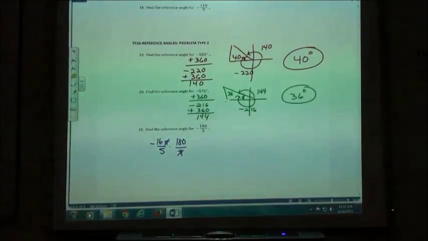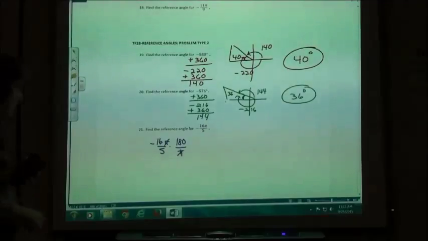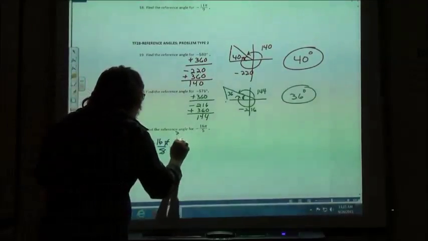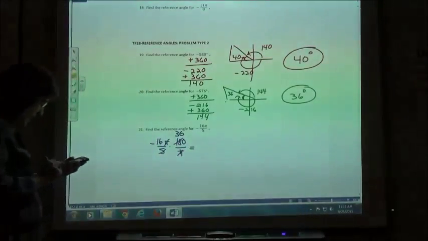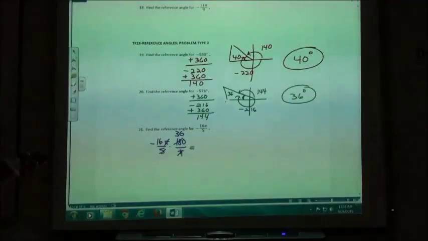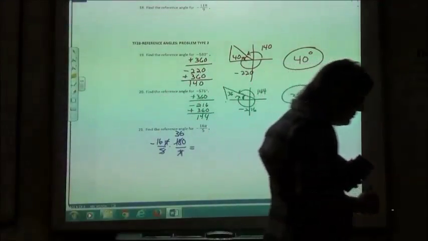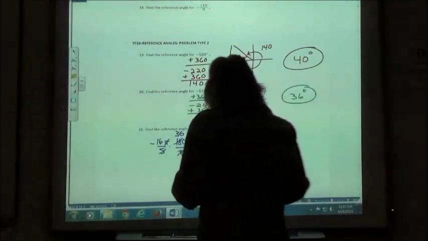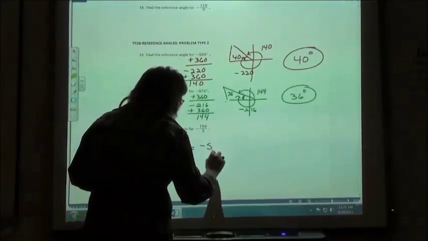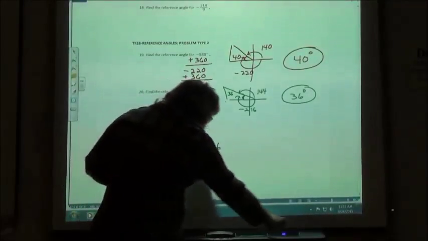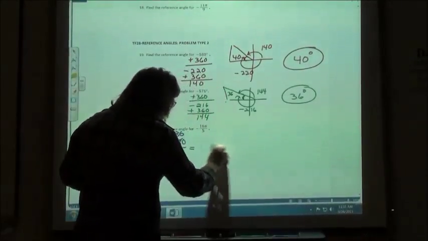So 180 divided by 5 is 36, and then 36 times negative 16 gives me negative 576. Did I get the exact same angle? I did.